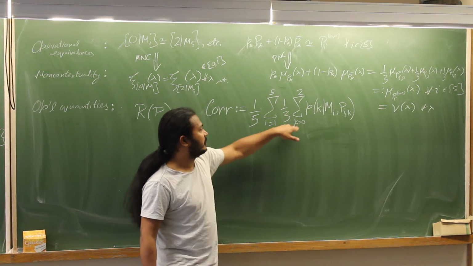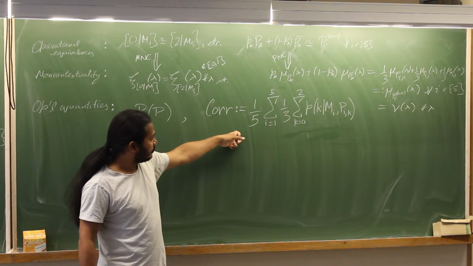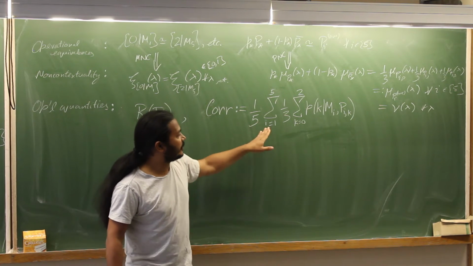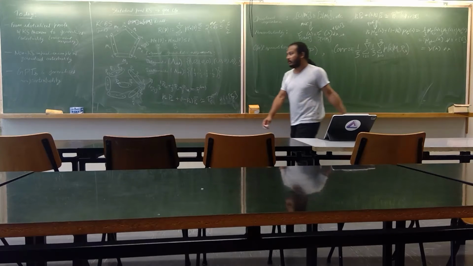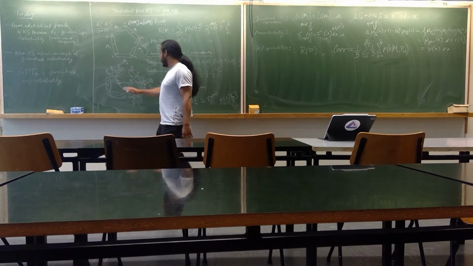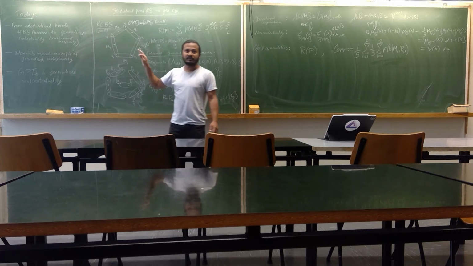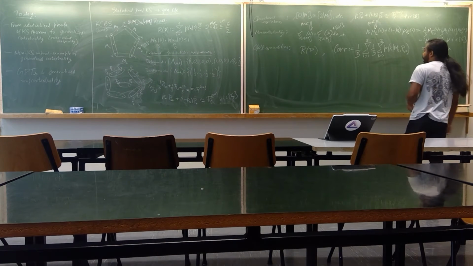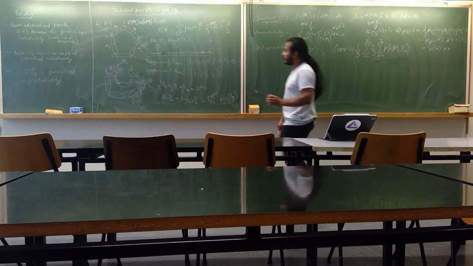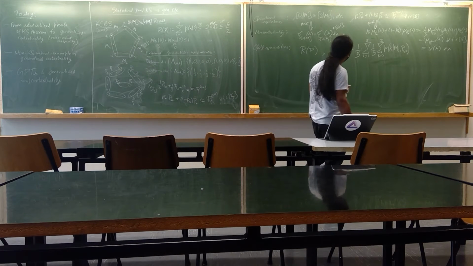And it's multiplied by 1/3 just to make sure that this thing is 1. And then of course we take the average. So this is in some sense the average strength of correlations between preparations which satisfy these operational equivalences and measurements which have these operational equivalences between them. The operational equivalences put constraints on how predictable they can be when you assume non-contextuality. So that's what will happen now.